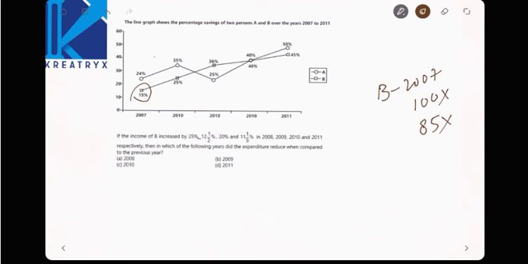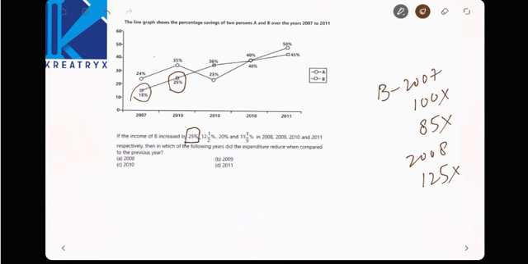Now in 2008, his income increased 12 1 by 2%, means 25 by 2, that is nothing but 12.5, right? Am I right? Increased 25%, it seems. Okay, now his income in 2008 will be 125x. Now what is his expenditure? See here, 25%.